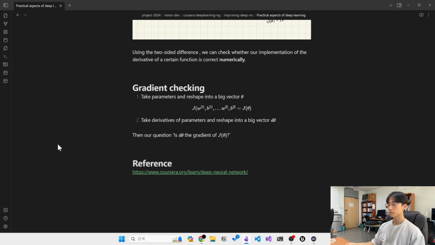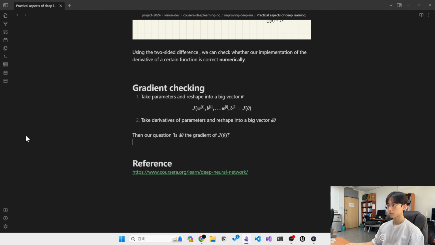and we nudge theta i by adding epsilon to it, so just increase theta i by epsilon and keep everything else the same. Because it's a two-sided difference, we do the same on the other side with theta i, but now minus epsilon, and all of the other elements of theta are left alone. Then we divide this by 2 epsilon.